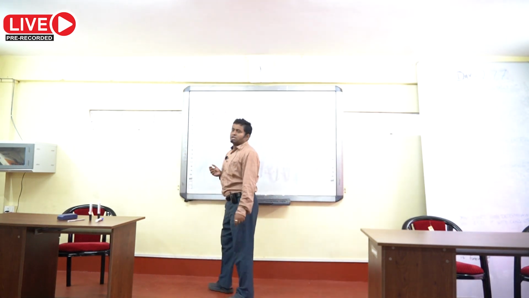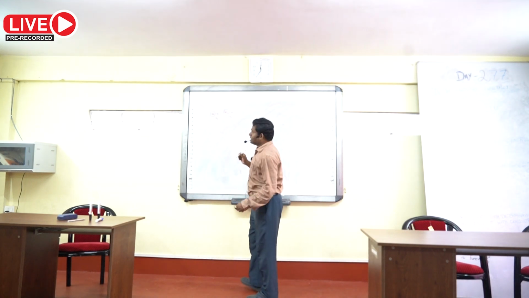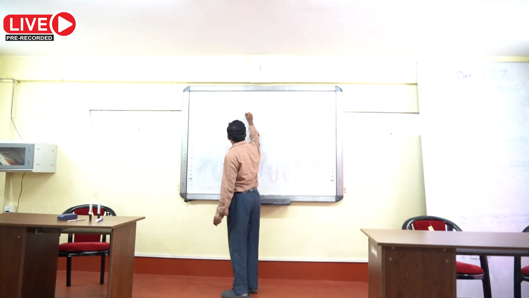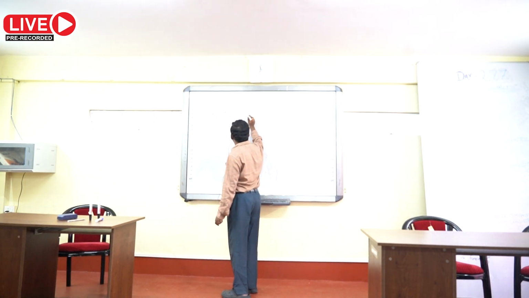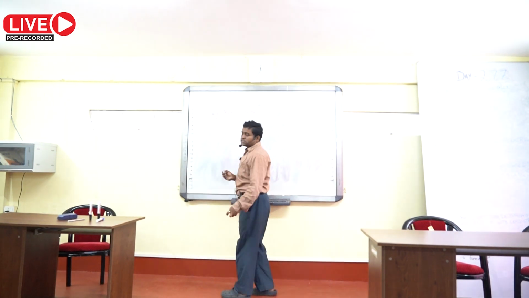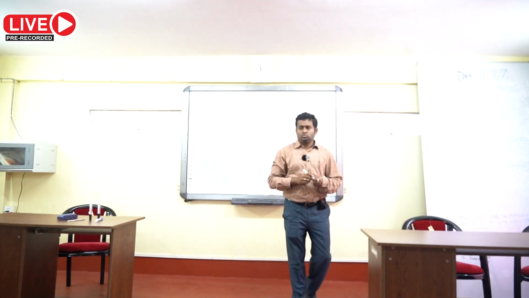And after collision what happens? During collision, this is m1, this is m2, they are in contact. So m1 is exerting a force on m2, say F12, meaning force exerted by 1 on 2.